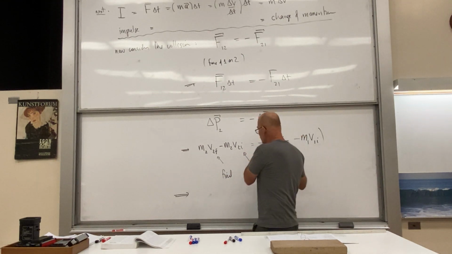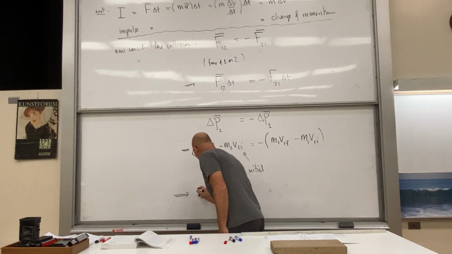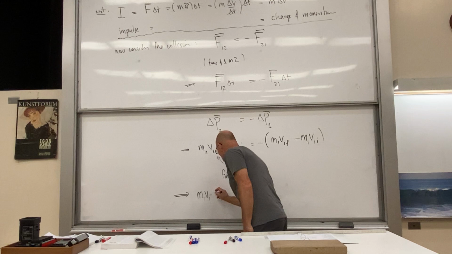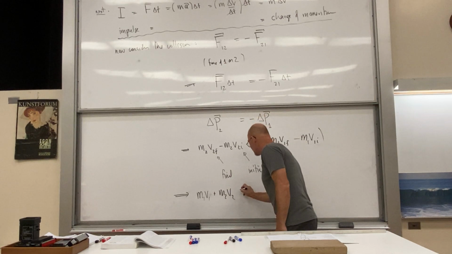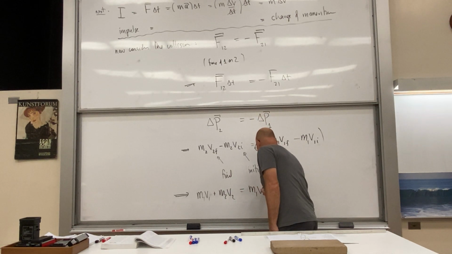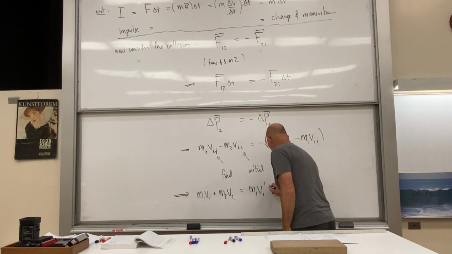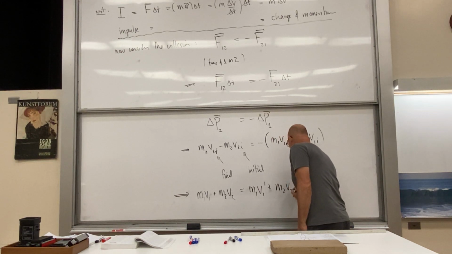And I'm going to switch the order here. I'm going to end up with, make sure you do this by the way, M1 V1 plus M2 V2 equals M1 V1 prime plus M2 V2 prime.